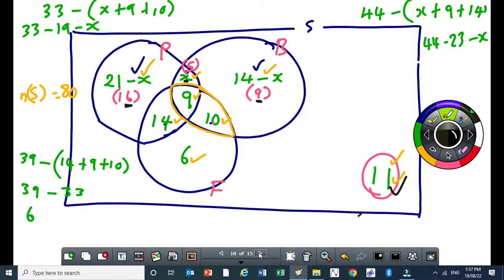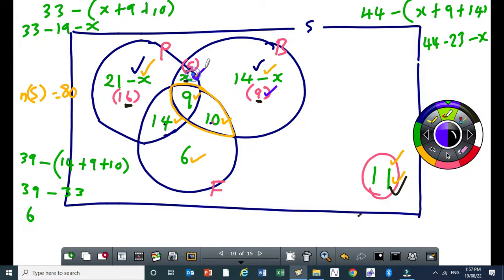So if I go to the Venn diagram, we have got these 9. They don't eat anything else. They only eat the burger. Then you have got this x here. Remember, this x represents the 5.